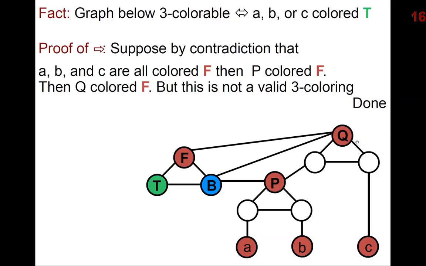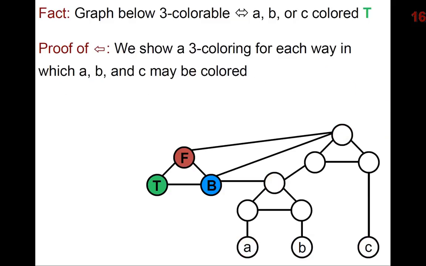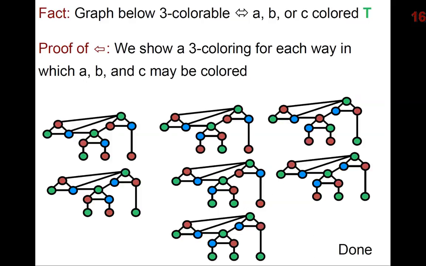Okay, and if you don't want to think of it as an OR, you can just show that no matter how you color these three bottom things with at least one green, you can always color the top green, but it's just OR.